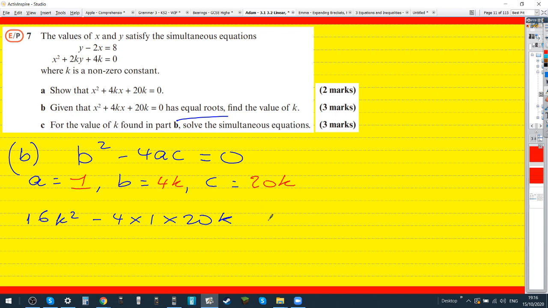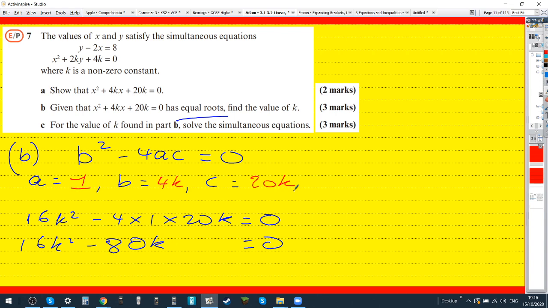Oh, 20k, sorry, yeah. So it'd be minus 80k. And then equals 0. So do we plus 80k on each side?